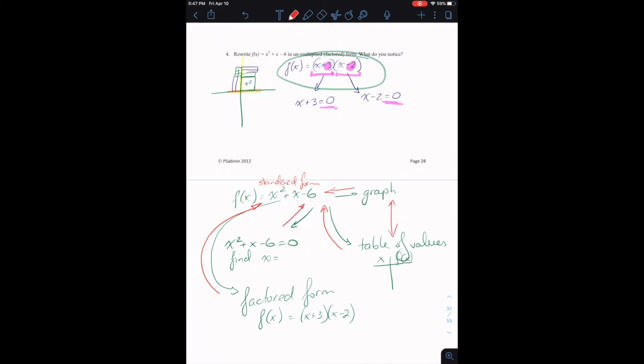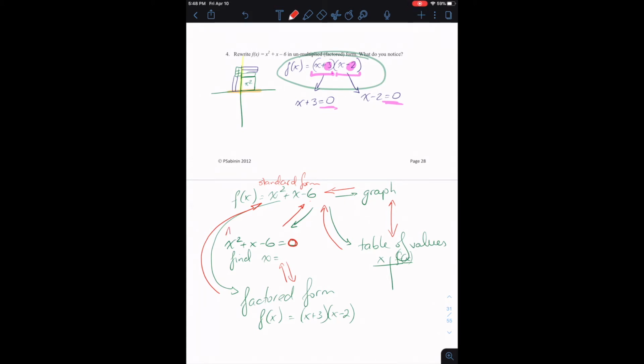All it's done is say that the value of the function is 0. And if you know the value of the function is 0, then you should be able to figure out where the x-intercepts are, or what the factored form was going to be. So in fact, you can go in each direction from this equation as well as from the function.